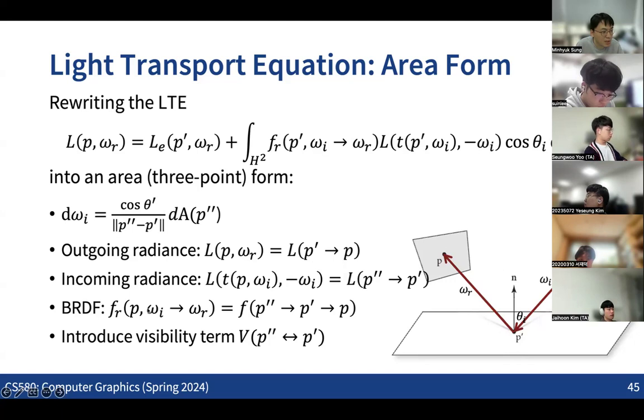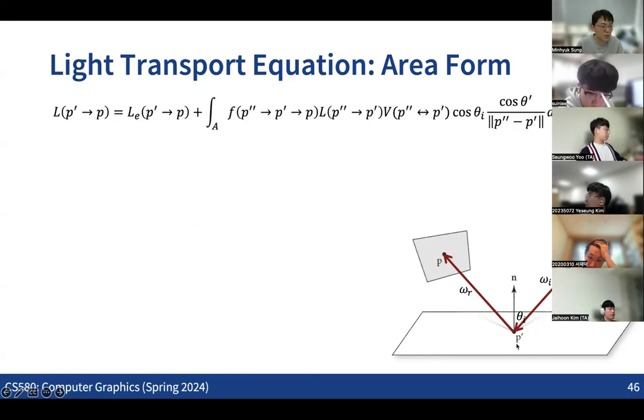The BRDF also has another representation, where we have the reflection from P double prime to P prime to P, right? As we have seen in the previous slide, we also introduce the visibility term to check the occlusion from P double prime to P prime, right? Then we can rewrite the same LTE with these new notations for each term.